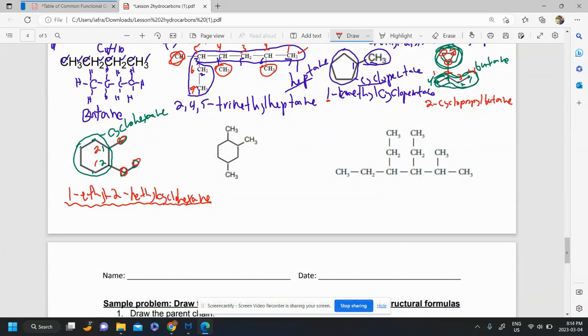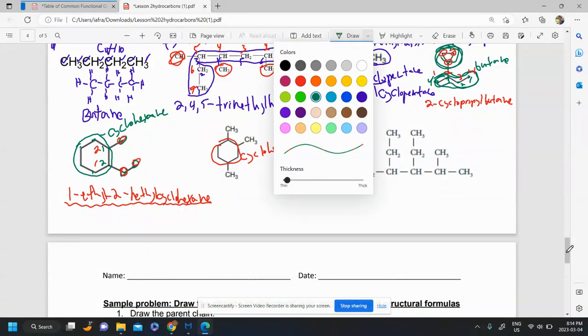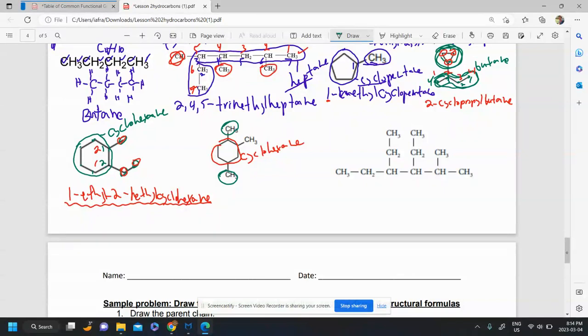Okay, so next, you can try our next problem here. Looks pretty straightforward. We have our parent chain, which is a cyclohexane. And then you have your methyl groups here, here, and here. You need to make sure you number so you get the lowest possible numbers. I'm going to try it.